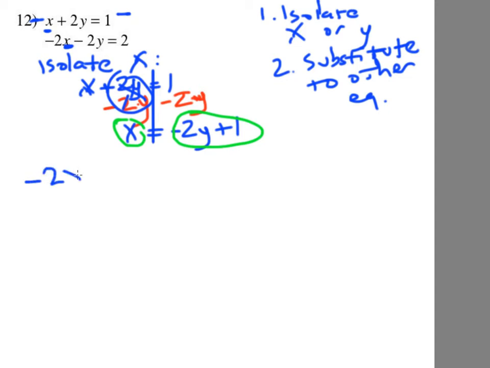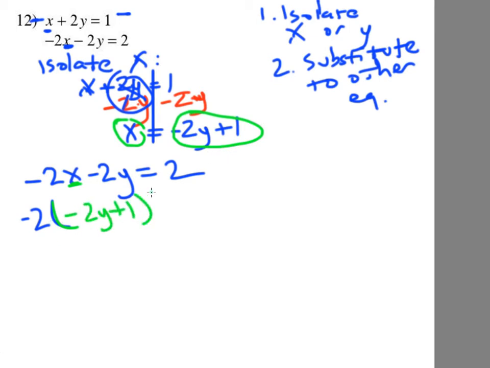So let's rewrite this bottom equation. Negative 2x minus 2y equals 2. All right, so like I said, instead of x showing up to class, we're going to rewrite negative 2 times, who is x's twin? Who can show up to class? x is equal to negative 2y plus 1, right?